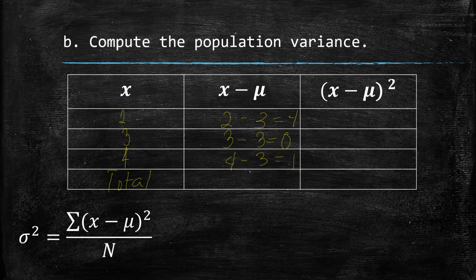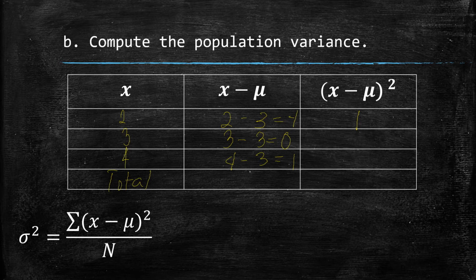Okay, next. So from the second column, you're going to get its square. So you already know how to get the square, right? So if you have here negative 1, raise that to 2. That becomes negative 1 times negative 1. So the answer is positive 1.